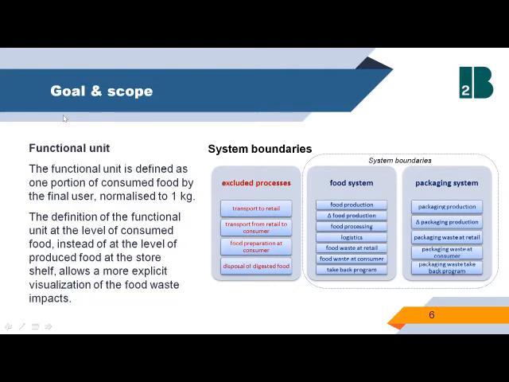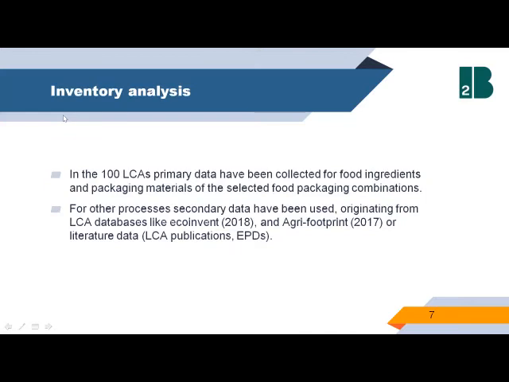I think I can go to the next slide. Okay, so we did the LCA for these 100 food packaging situations, and the primary data for these 100 LCAs has been collected for all food ingredients and also for all packaging materials.